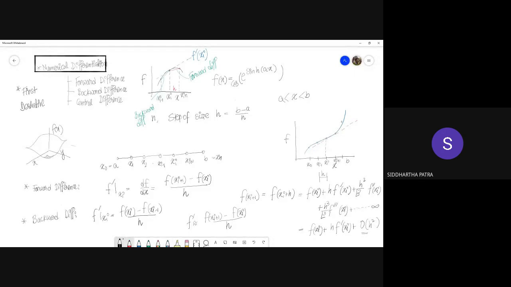So it is either xi and xi plus 1, or it is xi and xi minus 1. So these two expressions are called 2-point difference equations.